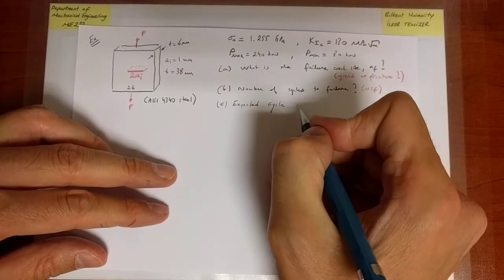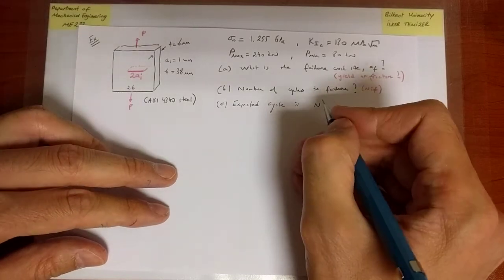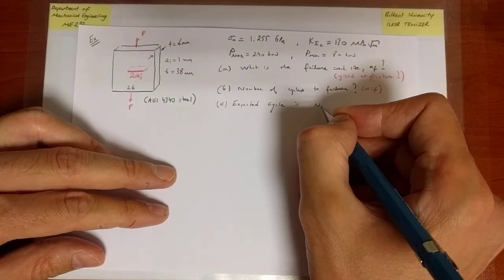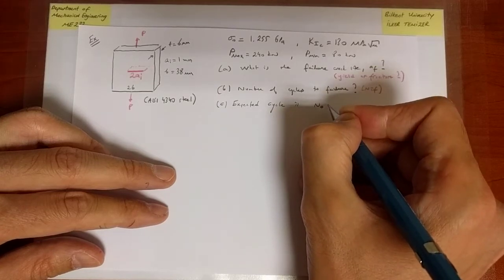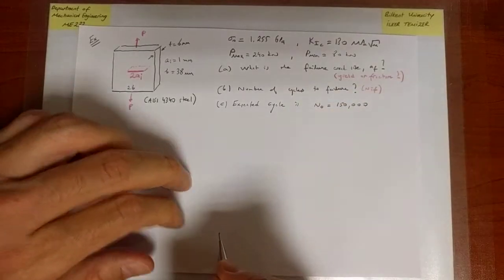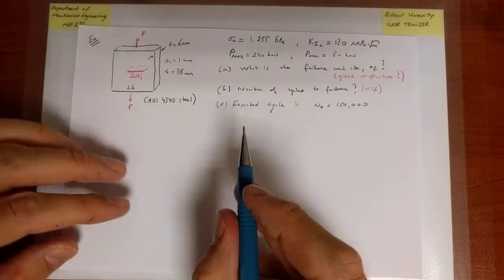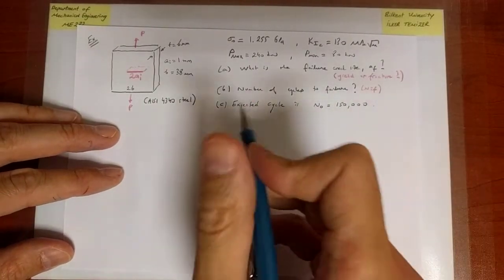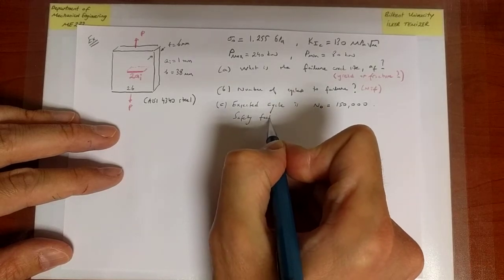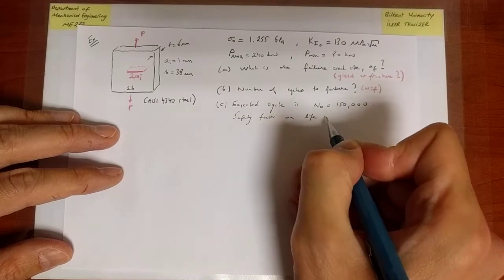So the expected cycle then is N, 150,000. Okay, I expect the structure to go through 150,000 cycles with a safety factor, and this factor is on life.